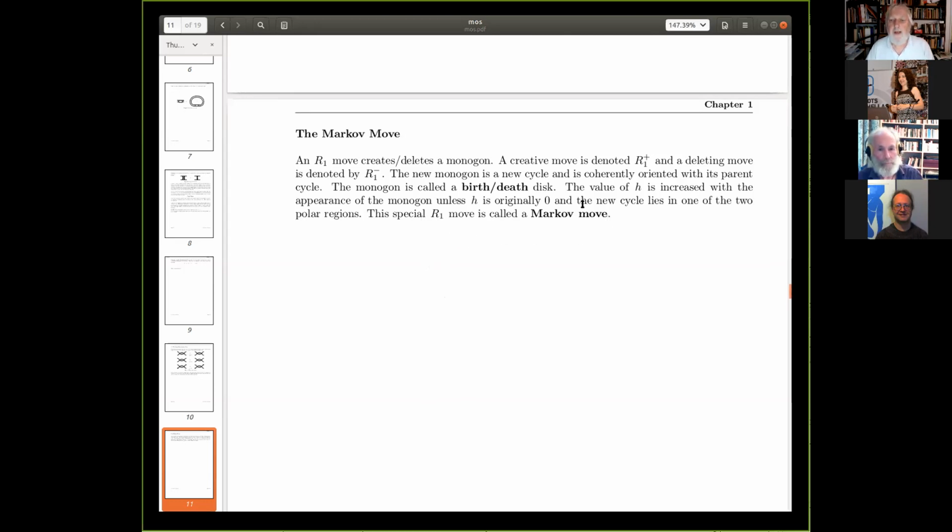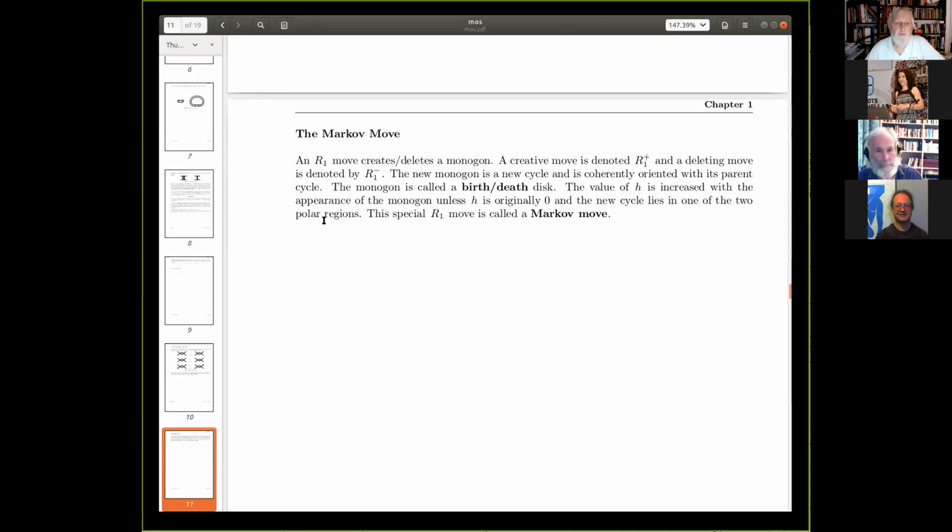and the value of H is increased because if H is positive, then somewhere there's a cycle which is incoherent to the mother cycle, and of course when you give birth to this new cycle which is oriented coherently with the mother, it will be incoherent with the other one, okay?